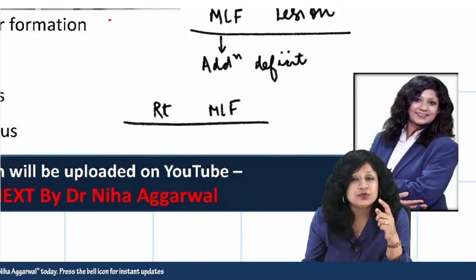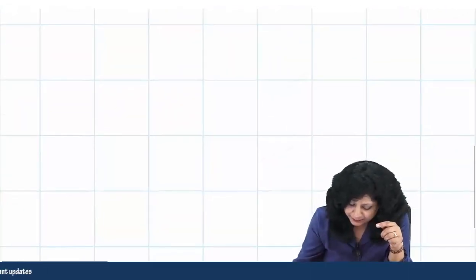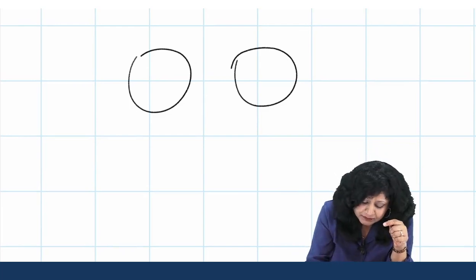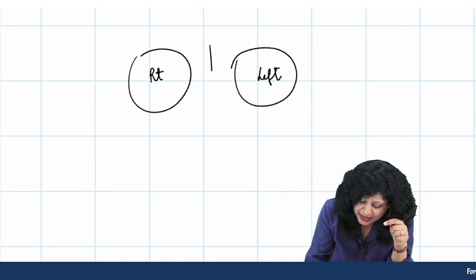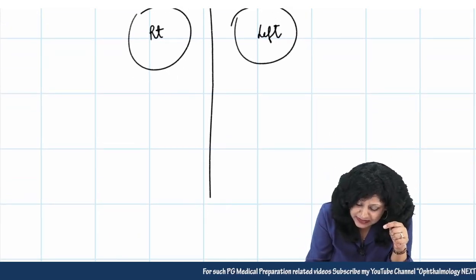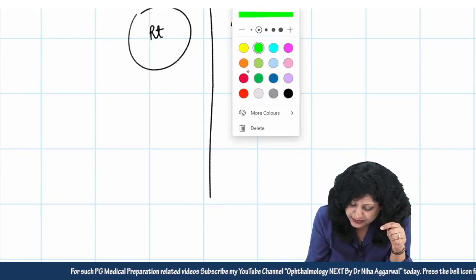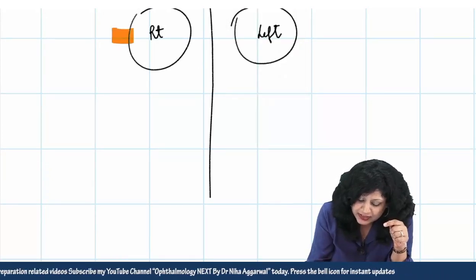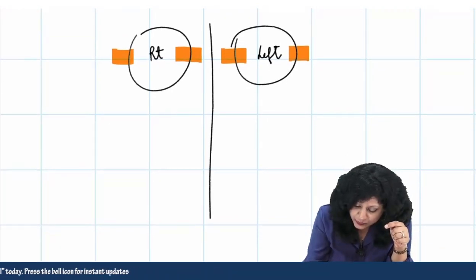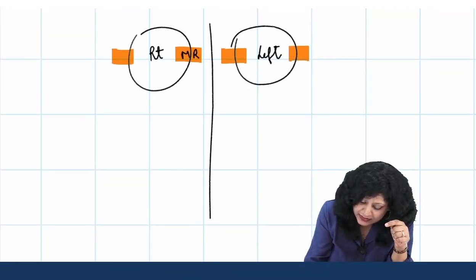Now just to remind you what was happening, let's have a quick review. Let us imagine this is the right eye, this is your left eye, and this is the median one. We have got the muscles here. Let us try to draw them. Now we have got the medial rectus, right?